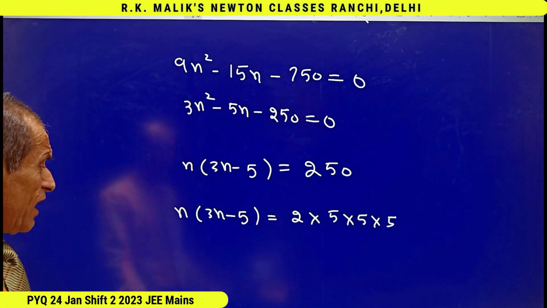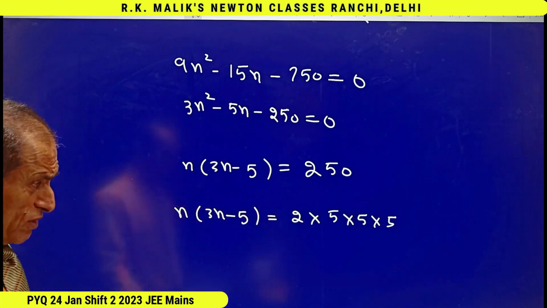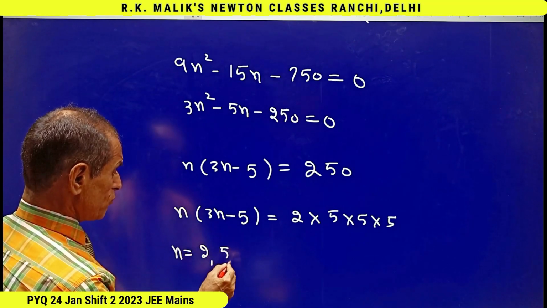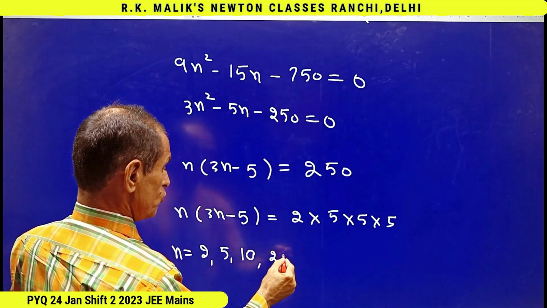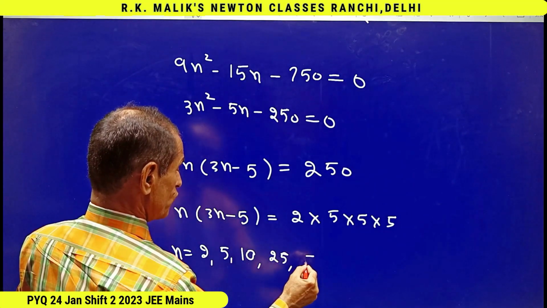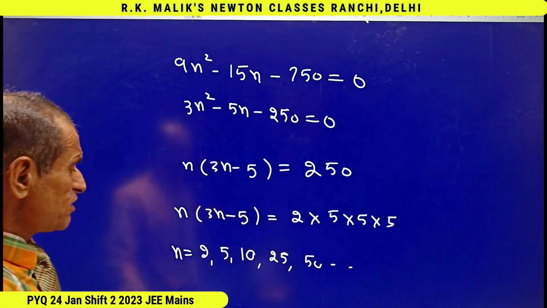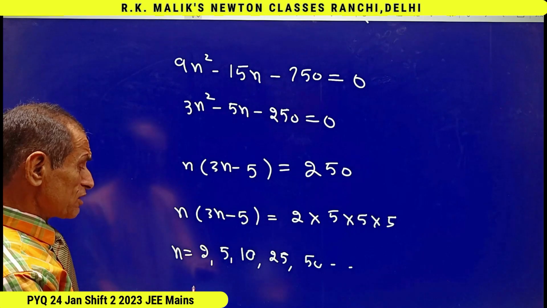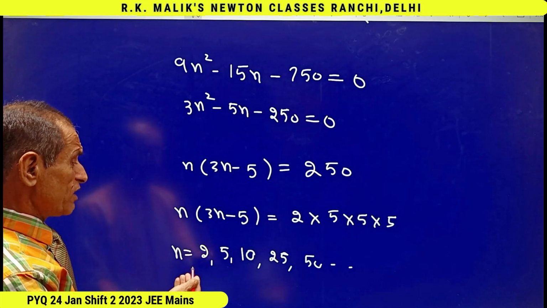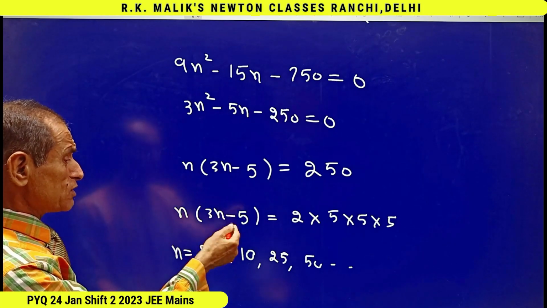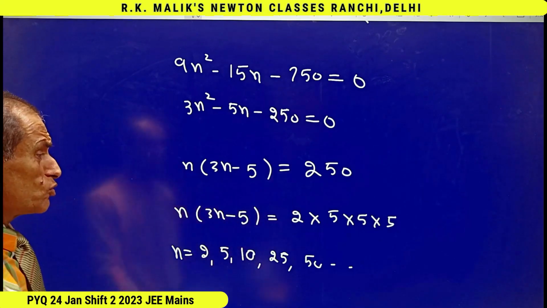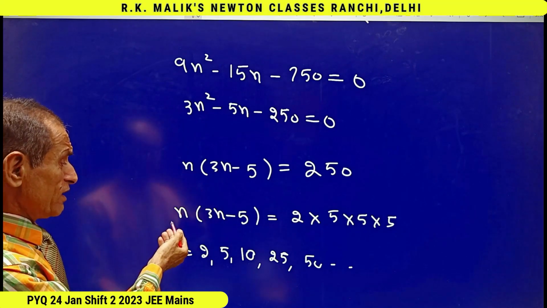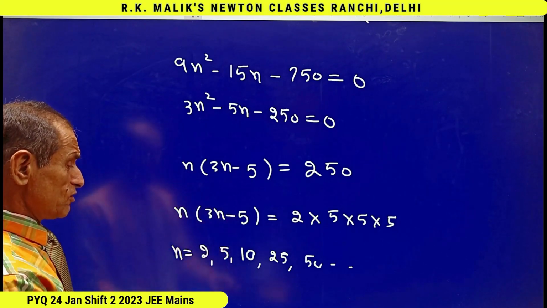It is clear that n is a divisor of this. The possible values of n are 2 or 5 or 10 or 25 or 50, etc. But no need to go very high. n cannot be very small also, because if I take n as 2, the product of these two cannot be equal to 250, because it is very big compared to this; for n equal to 2, clearly it is 2 and it is 1.